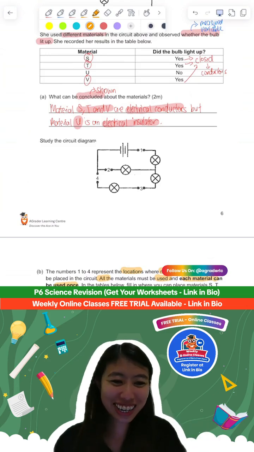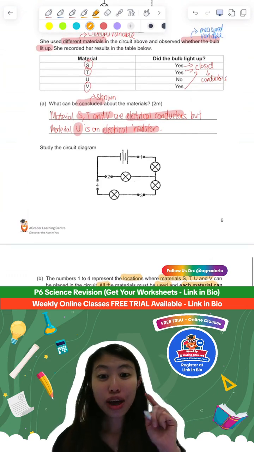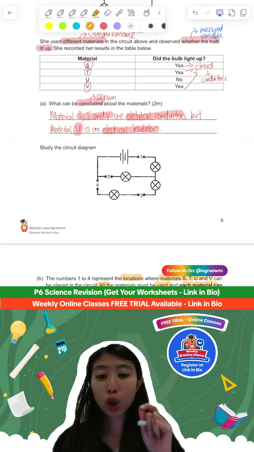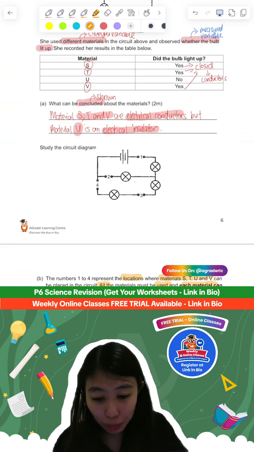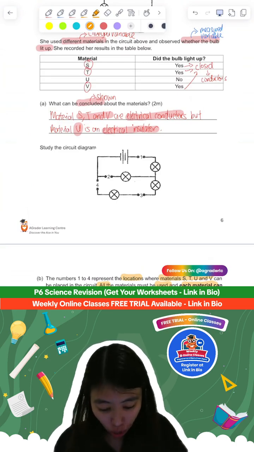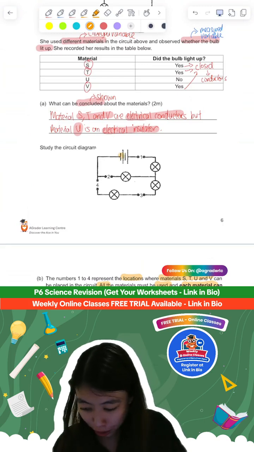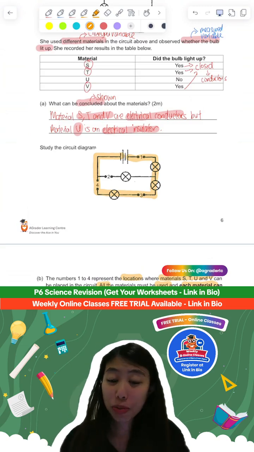Okay, so let's look at this. You need to find out which pathway, which closed circuit, will allow the most bulbs to light up. So I'm going to use a highlighter. In order for the most bulbs to light up, it needs to be in this pathway. This pathway will allow 3 bulbs to light up.